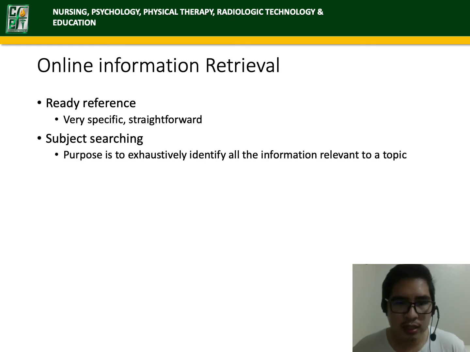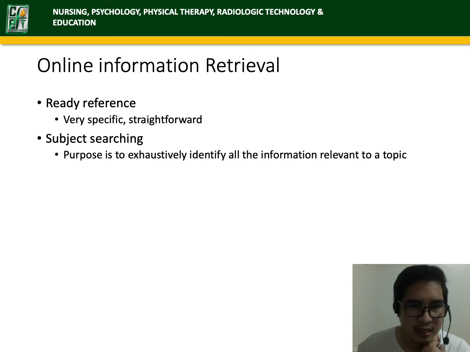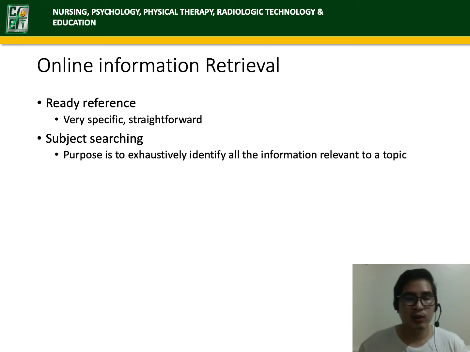So the journals that I am going to look at to support my study would be found in nursing education journals, and not in, for example, qualitative nursing journals, not in pediatric nursing journals, not in evidence-based practice, but more on nursing education. So Journal of Nursing Education, Nurse Education Today, or Education in Nursing. Those are the type of journals that you look at. These are ready reference journals.